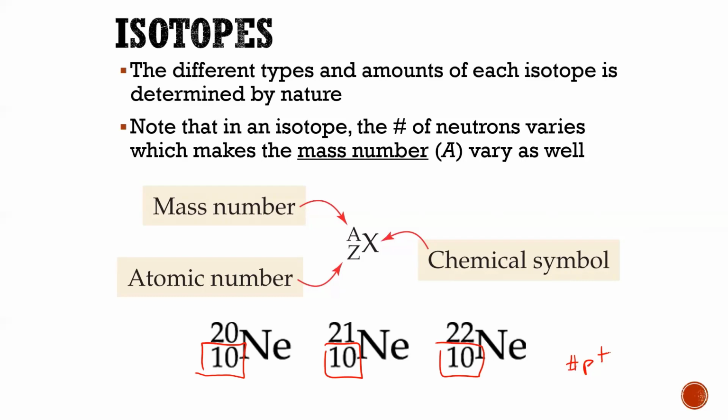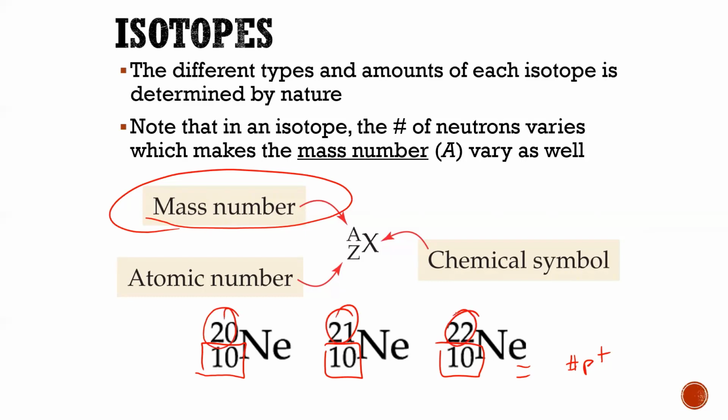So all of these are neon because they have what? 10 protons. The mass number is what can change in isotopes. So 20 is different from 21 and 22. Why is that? Well, that's because they have a different number of neutrons. And it's not the neutron that identifies the element, it's the protons. So all of these have 10, so they're all neon.